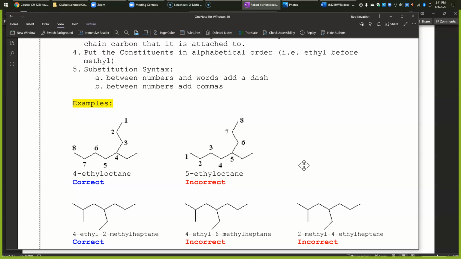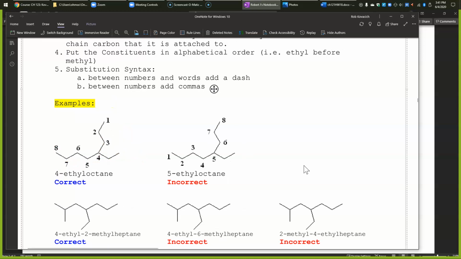Because if I start at any of the ends and count to another end, the longest continuous chain that I'm going to get is an 8. So if I start here and go there, or start here and go there, I get 8.